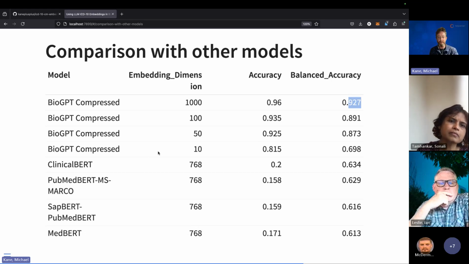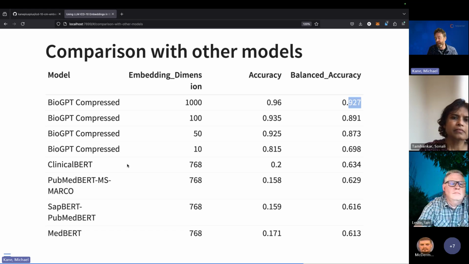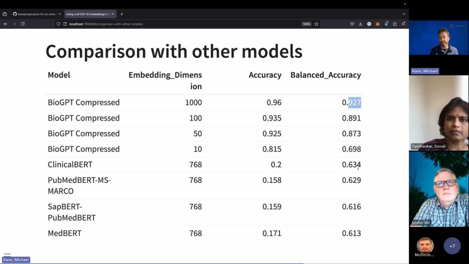Whereas for these other models that are again available, estimating these 22 categories, you're really a lot closer to something like 60%. So even in our lowest dimensional case, so that would be a 10-dimensional representation of the ICD-10 codes, we're still a little bit above what was the state of the art, which was Clinical BERT at the time.